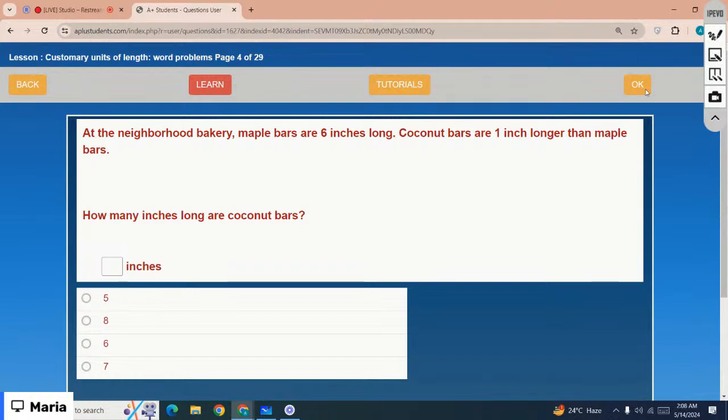Yes, that is 7 inches long. Very good. The correct option is 7.